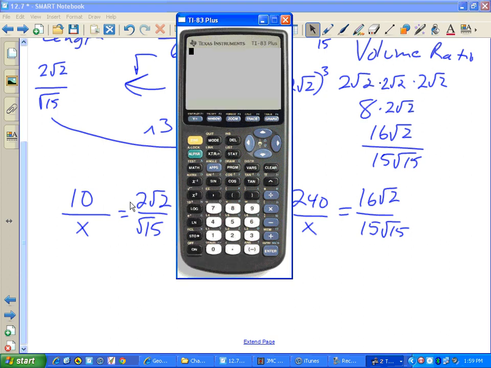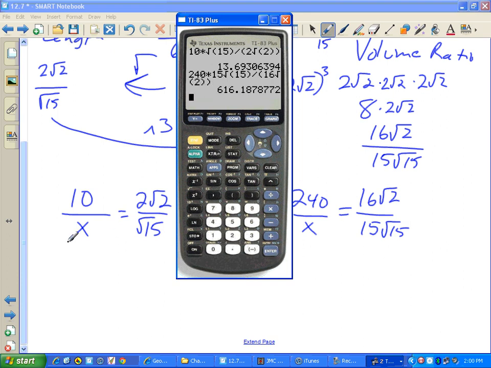So I can take 10 times the square root of 15, and then I want to divide. Make sure you put parentheses here, because if you don't, it's going to think you only want to divide by 2. I want to divide by 2 square root of 2. That's what x is, so that's the height of our other one. Then we'll find the volume of the other one. So 240 times 15 square root of 15 divided by parentheses 16 square root of 2.